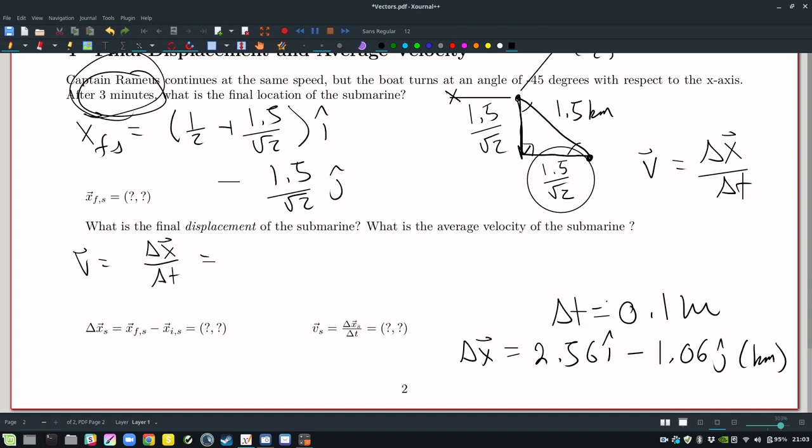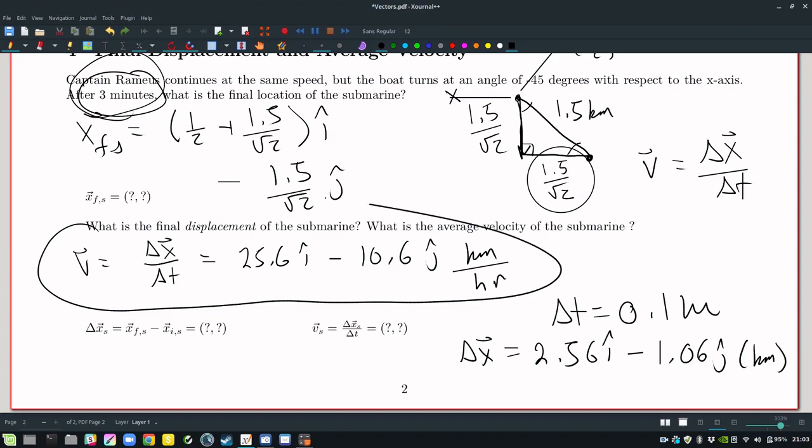Now when you divide anything by 0.1, it's like multiplying by 10. So that's multiplying by 10 is 25.6 i, and then minus 10.6 j, and then I've divided by the units of hours, so it's kilometers per hour. This is the average velocity, this is the displacement.